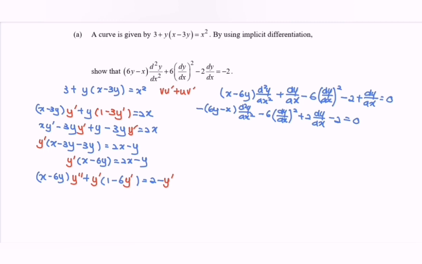Kindly rearrange the situation from the left moving towards the right. So if we rearrange the situation, then we will have 6y minus x, second derivative, and then plus, we have 6 bracket, first derivative, square, minus 2 dy/dx equals to negative 2. Then we already shown the situation given.